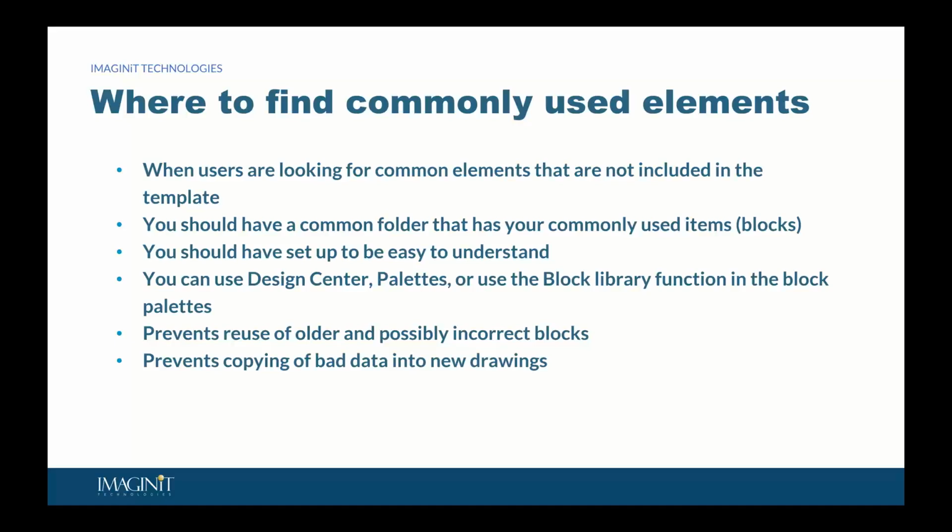Details, like all of us, I have probably a huge, vast library of details that we bring into drawings when we're doing certain things. We should have a common folder that has your commonly used items, i.e. blocks. You should have it set up and easy to understand, and then you should have a methodology for how you bring it in. You can use Design Center, you can use tool palettes, or you can use the block library function in the block palette for all of those things.